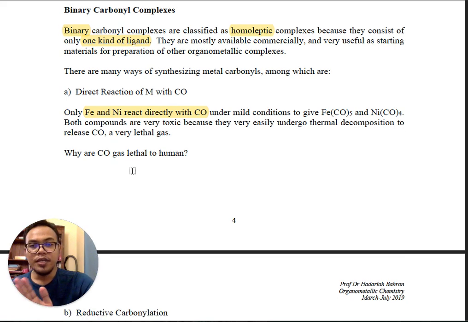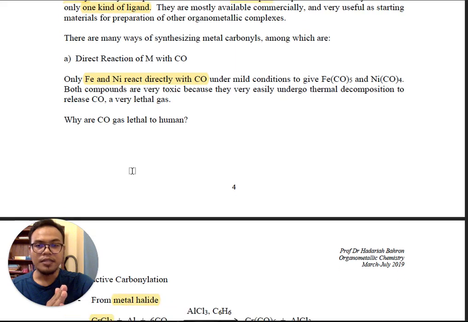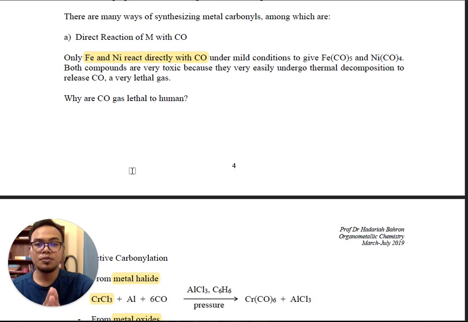Now we know what is binary, we know what is homoleptic. Now we are going to learn how to synthesize metal carbonyls. The first way is to make the metal carbonyl by direct reaction between metal and carbon monoxide. Only two metals can have this kind of reaction: first, iron, and second, nickel.